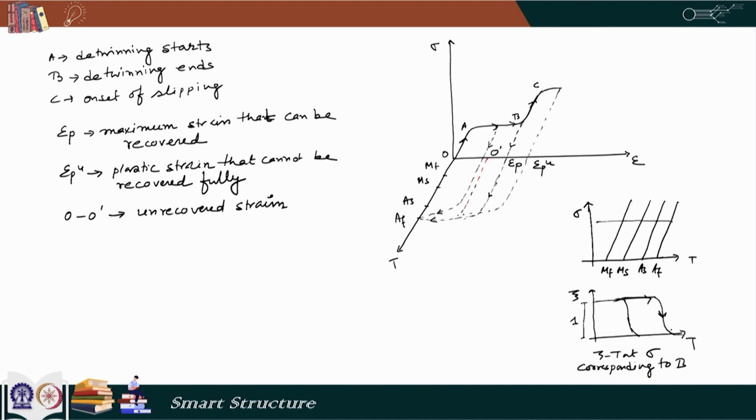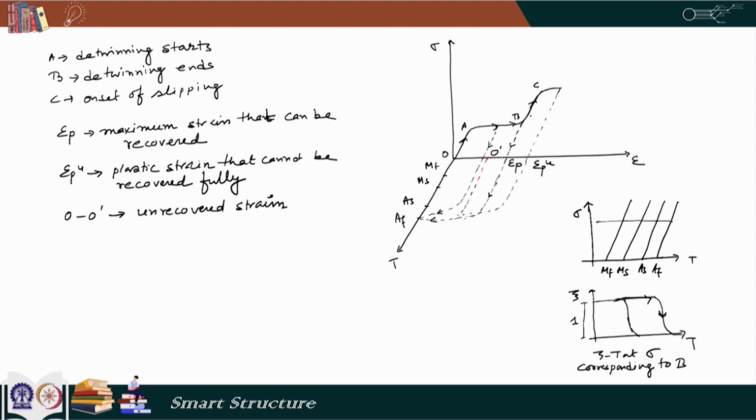Now, from here, if I again reduce my temperature, it will follow this path and it will become martensite. So, again it will become stress induced martensite, and it will get the same strain which it had before.